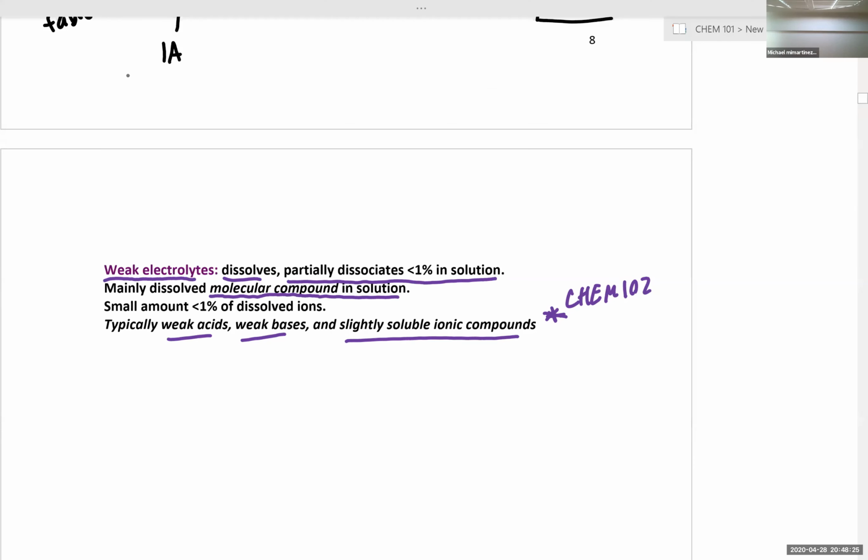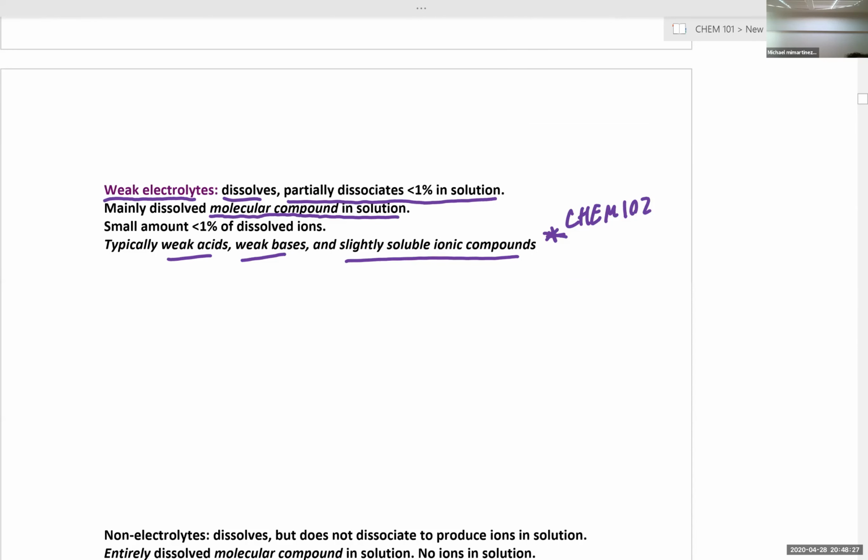Okay, so just like before, for weak electrolytes, you do not dissociate weak electrolytes in ionic equations. Okay, so would someone like to give me an example?